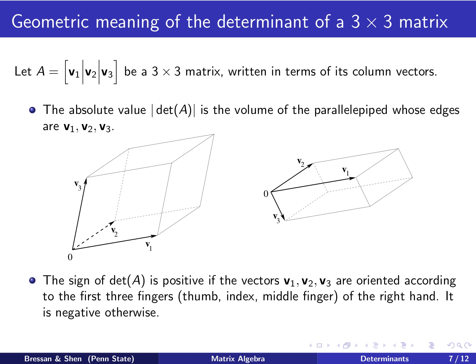Okay, so for this one, you can put your right-hand thumb, then that's your index finger, and the middle finger is pointing up. While here, if you put your thumb this way and your index finger this way, the middle finger is pointing down. So this is not the correct orientation, and the determinant of these three vectors would be negative.